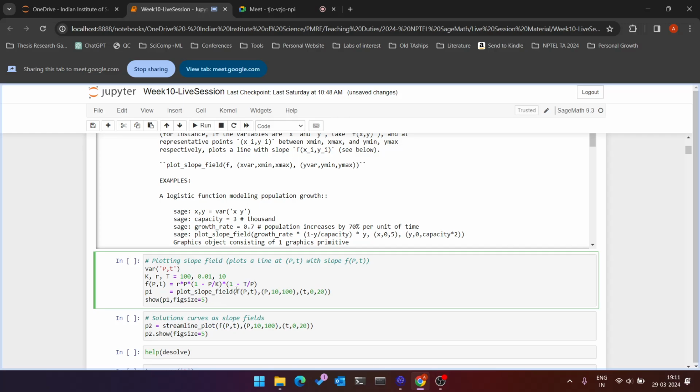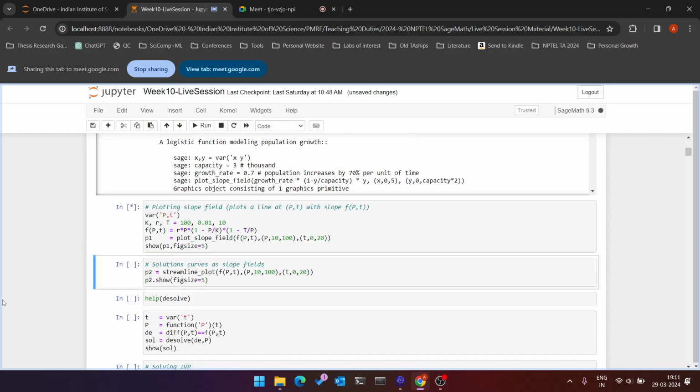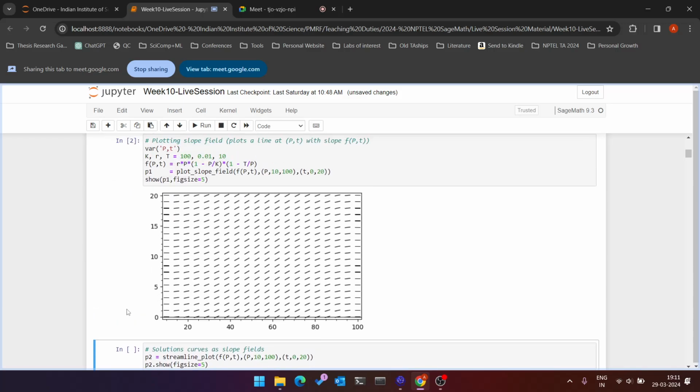The slope field will plot for p going from 10 to 100 and t going from 0 to 200, with lines having slopes given by f of p comma t.